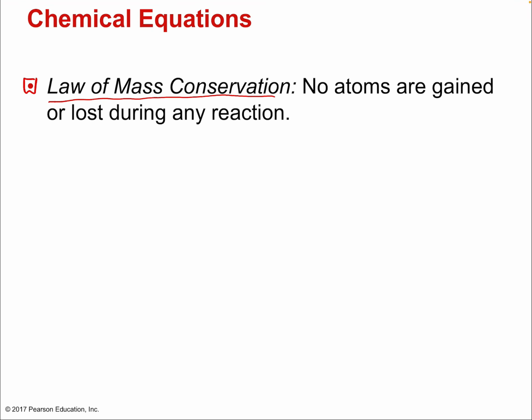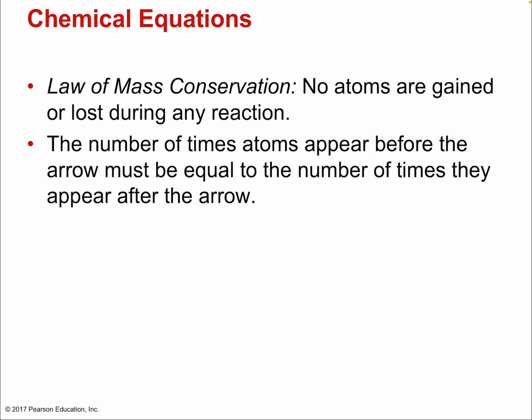No atoms are gained or lost during any reaction, okay? This isn't high energy physics. This isn't atoms becoming pure energy. Atoms are definitely conserved in any chemical reaction, all right? Same number of atoms in as number of atoms out, okay? Also, the number of times atoms appear before the arrow must be equal to the number of times they appear after the arrow.